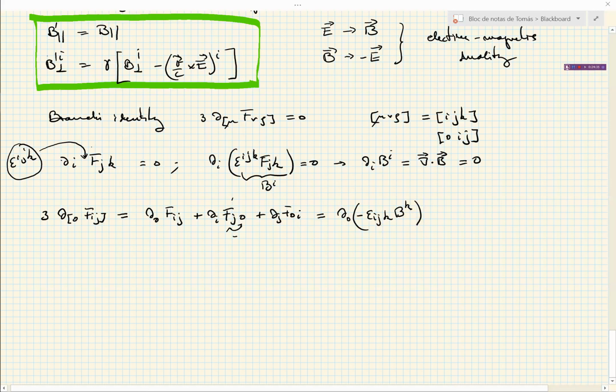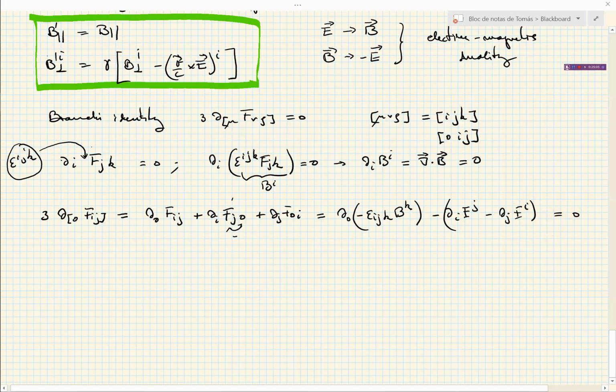So I write this, then I have here and here the same thing, but with two different signs. So I get minus partial i E_j plus the reverse. So let me divide it like this. Okay, this is equal to 0.